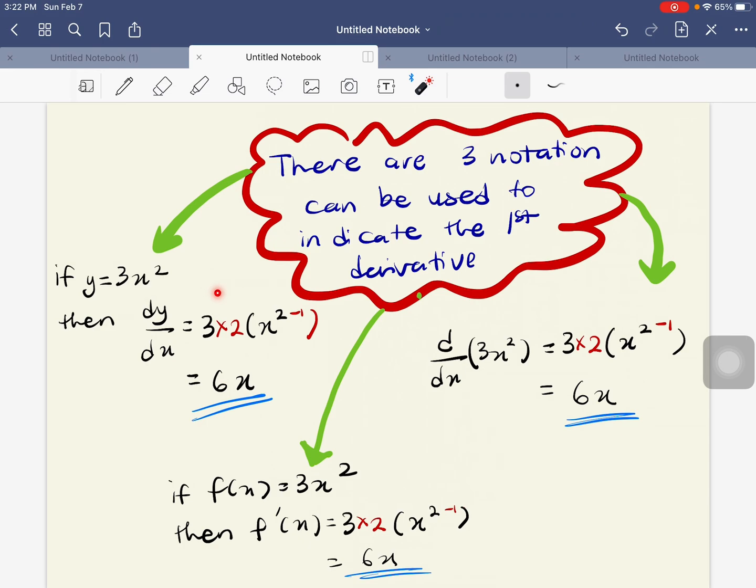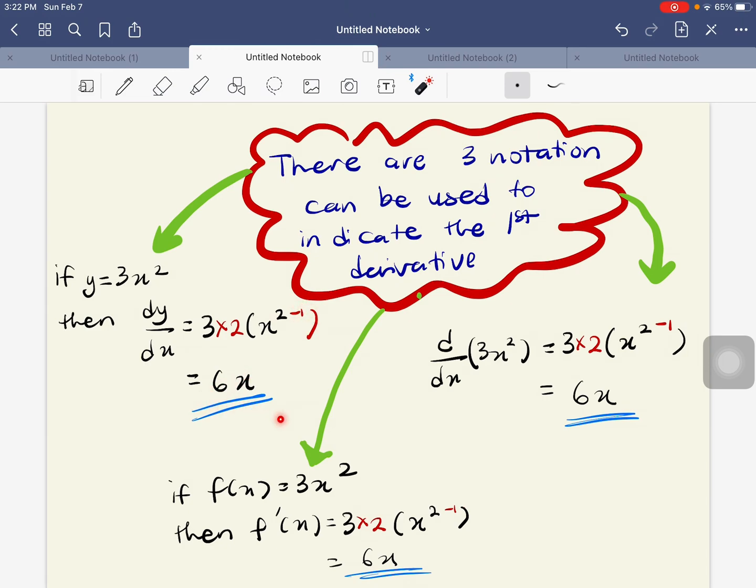Over dx, so what do we do here? We reduce the power of the unknown. Here the power is 2, so we bring the power down and multiply it with the coefficient. What's left for the unknown is the power minus 1. We have to deduct 1.